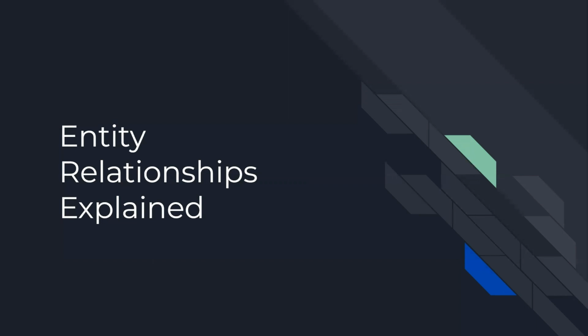And then a many-to-many relationship, where both entities can be repeatedly used for another. An example of a many-to-many relationship would be the tables patient and physician, because one physician may have many patients and one patient may have many physicians. So it could be a many-to-many relationship there.